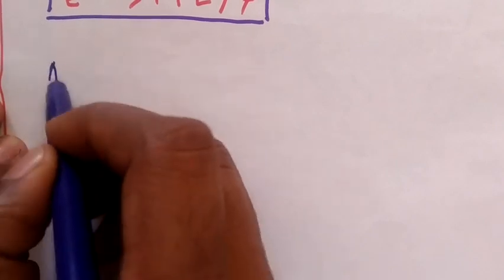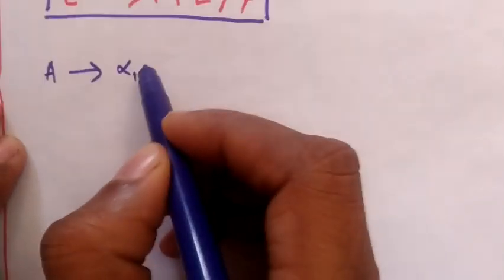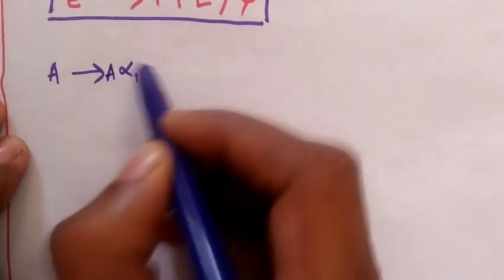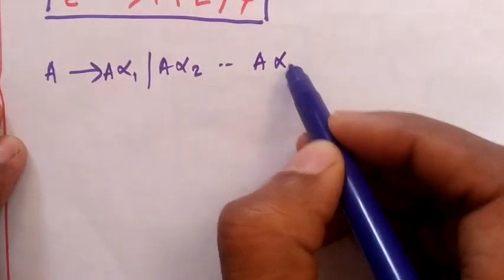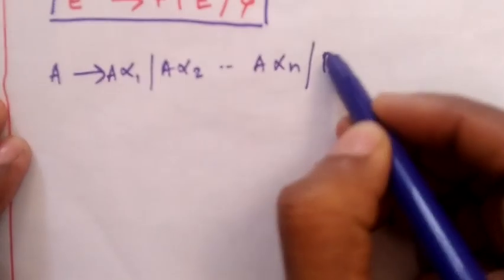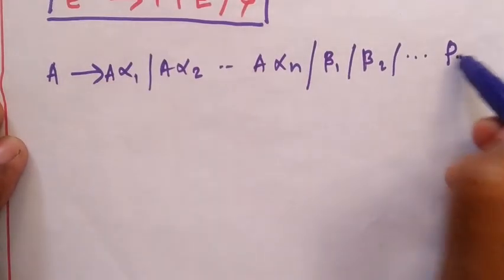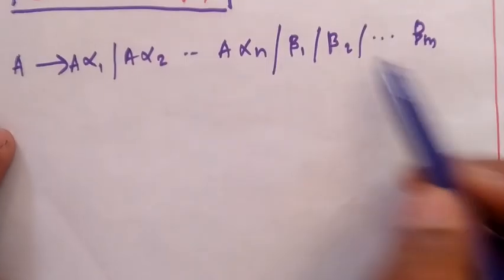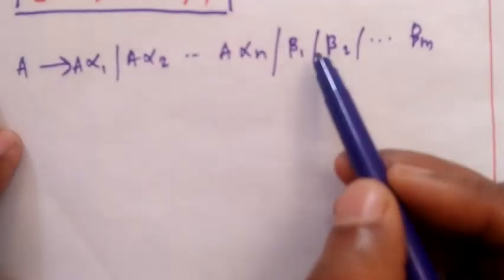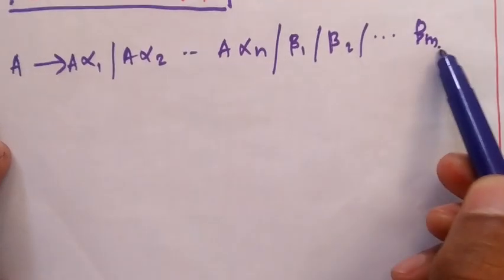If you have a production of the form A gives A alpha 1, A alpha 2, etc., A alpha n, then beta 1, beta 2, etc., beta m. So there are n A productions which are all left recursive, and m A productions with right sides beta 1, beta 2, etc., beta m.